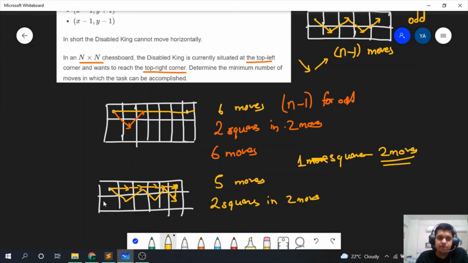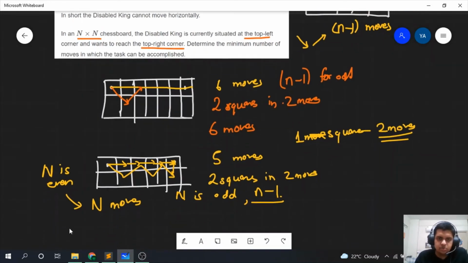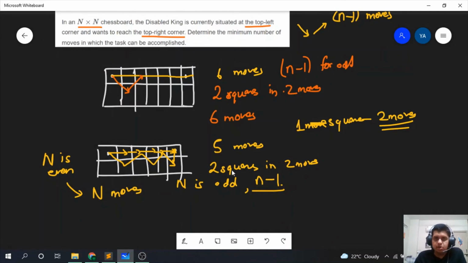That is why for n even, the answer is n, whereas for n odd, the answer is n minus 1. This was basically the problem statement along with the solution approach.